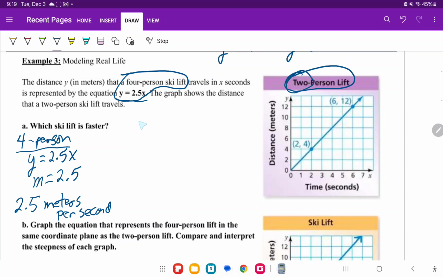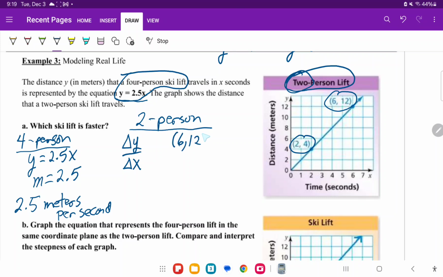Okay, so for the 2-person ski lift we have to find the slope. Remember, our slope is the change in y over the change in x. So we have 2 points along our equation here. To find our slope, we're just going to write the numbers. We have 6, 12, and we write the other point right underneath it, 2, 4.